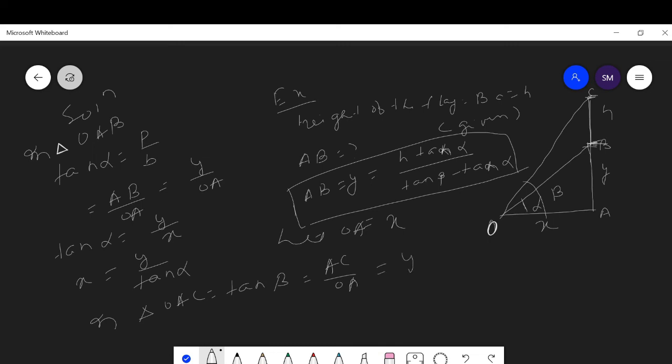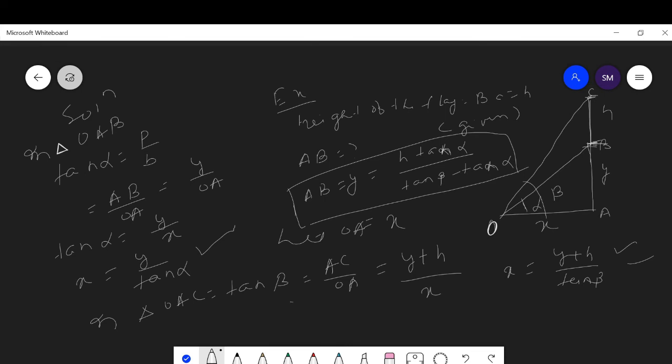AC is equal to y plus h, upon OA is x. Here we get tan beta is equal to y plus h upon x. Then here x is equal to y plus h upon tan beta. Then we get that x is equal to y upon tan alpha. Here we get x is equal to y plus h upon tan beta.